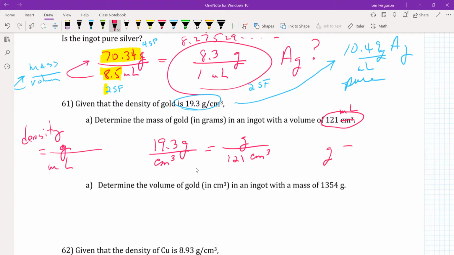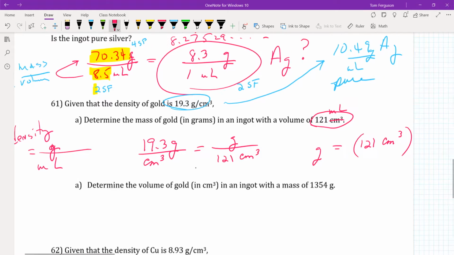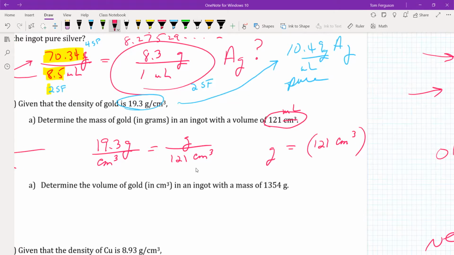So grams is going to be equal to... Okay. Notice the setup here, the centimeters cancel. What's left over is grams. We're trying to calculate grams. So the given, in this case, is going to be 121 and 19.3.